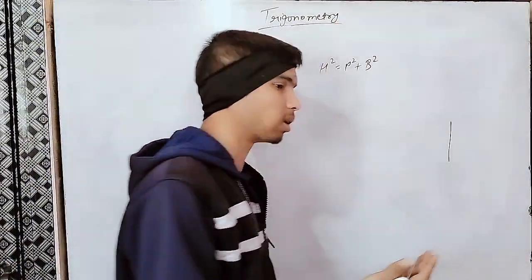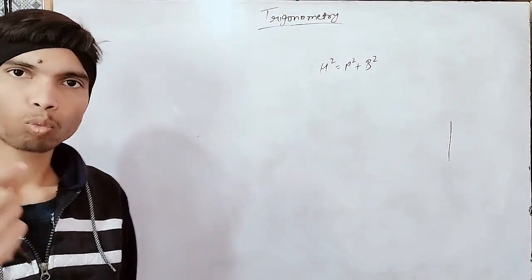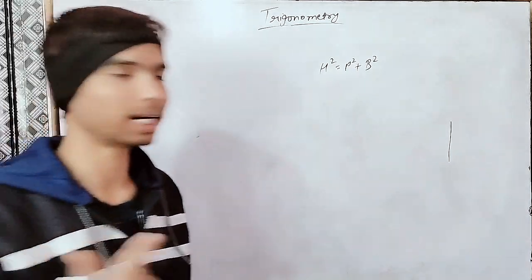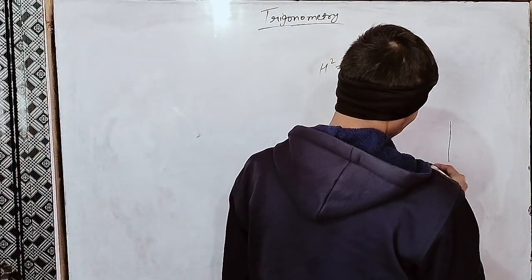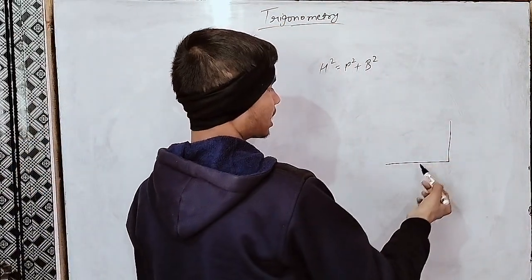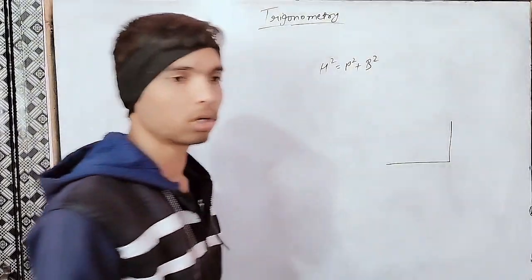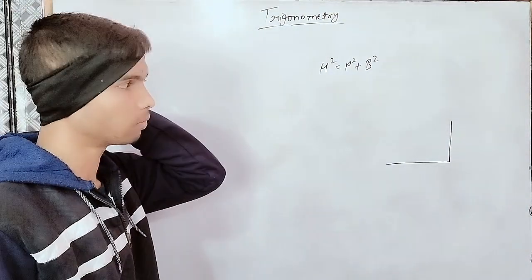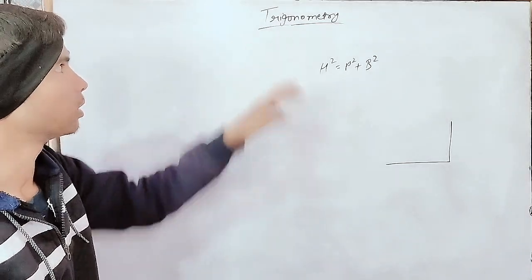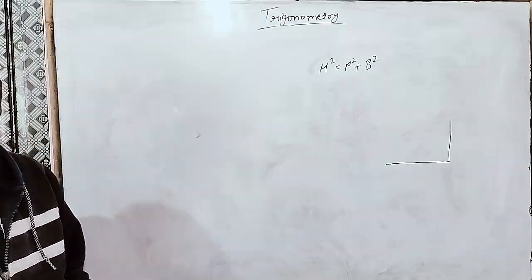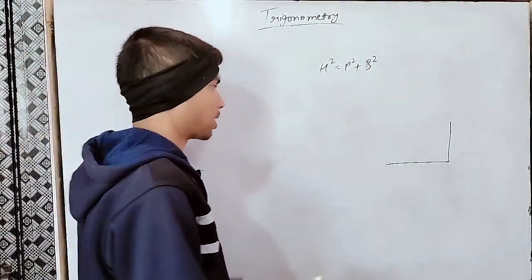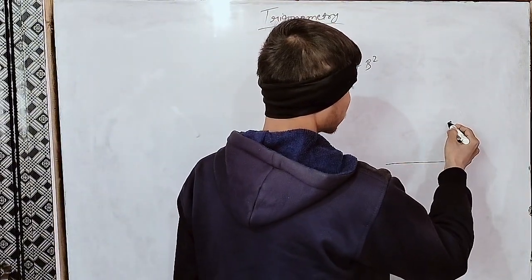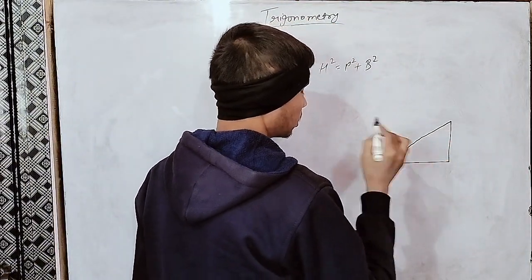This is a perpendicular, a right angle. In a triangle we have three sides: one, two, and the third.